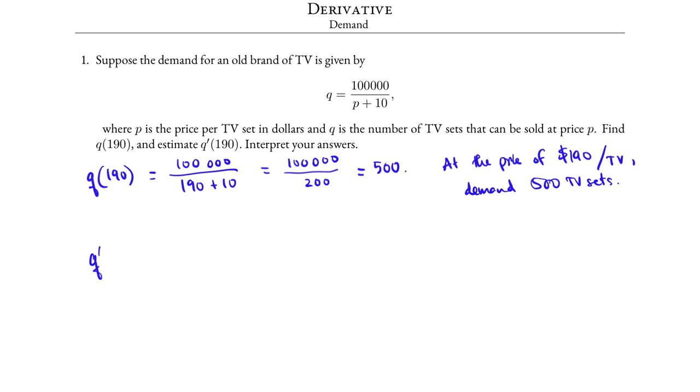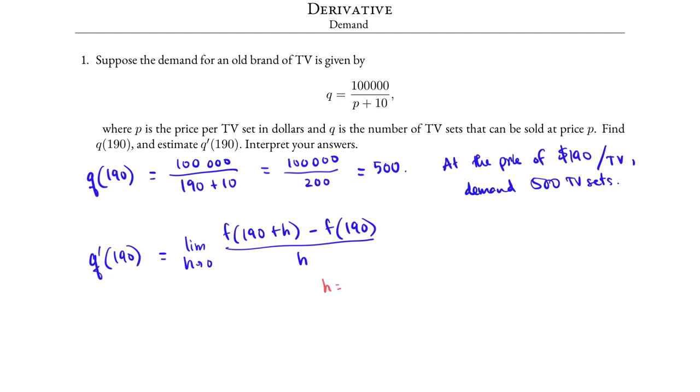Now, for Q prime of 190, by the definition, it is the limit as h goes to 0 of f of a plus h, where a is 190, minus f of a, over h. We will estimate this result by using h equals 0.0001. We simply substitute 0.0001 for h in this formula to obtain the approximation.